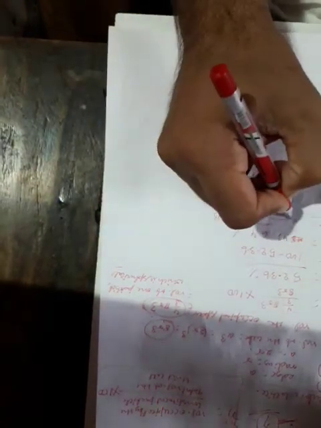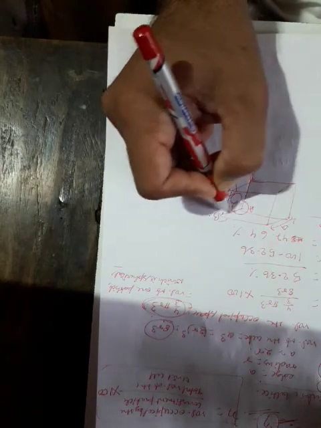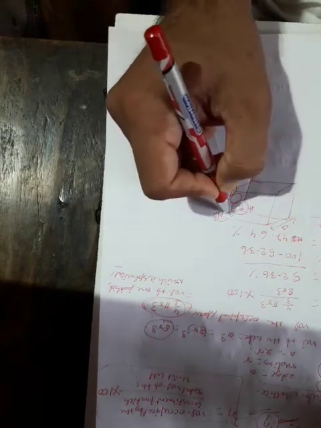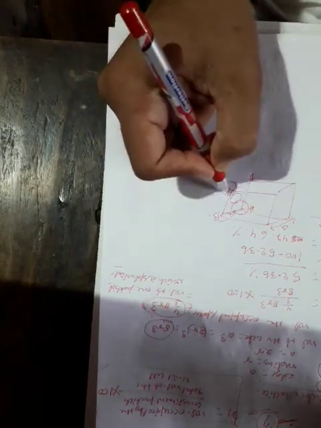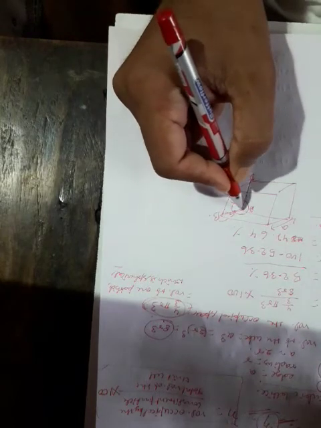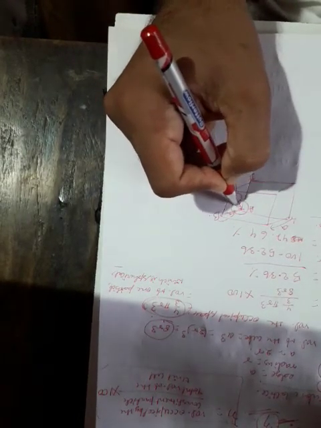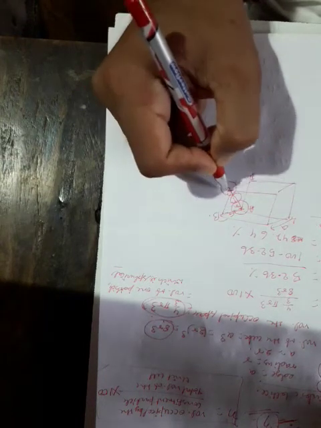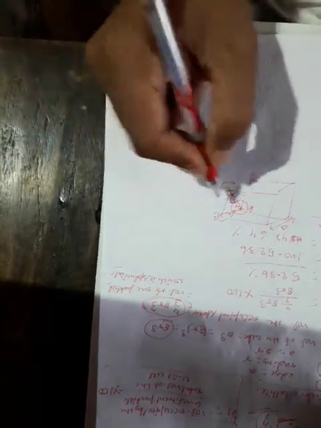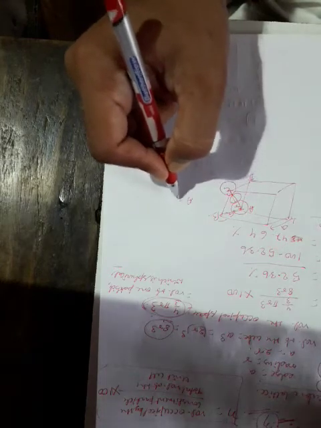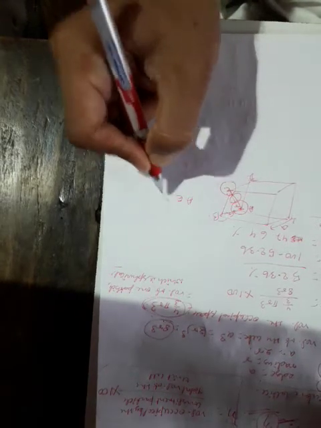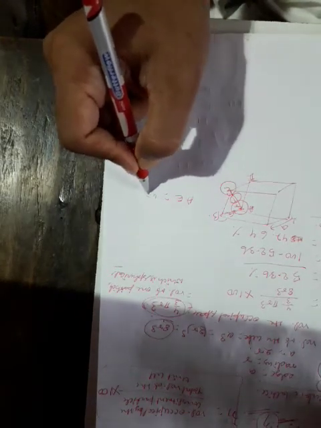The distance from here to here is equal to a. So this distance is also a. This distance is also a. From here to here, this is r, this is 2r and this is r. So AC is equal to 4r, which is the diagonal.